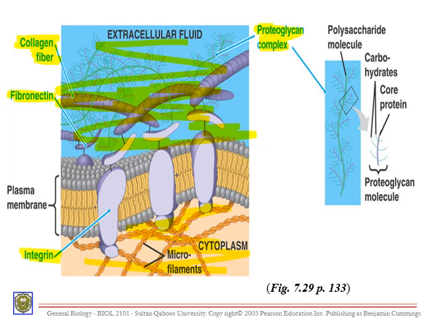Integrin. Okay, and then we have this proteoglycan complex, which looks like a tiny root or tiny leaves that bud here in the matrix. Now, if we look at this figure here, you can see this green line. This green line here is a polysaccharide molecule. And then coming out from this polysaccharide molecule, you can see these purple lines here. If we zoom in on this purple line, this is a protein.